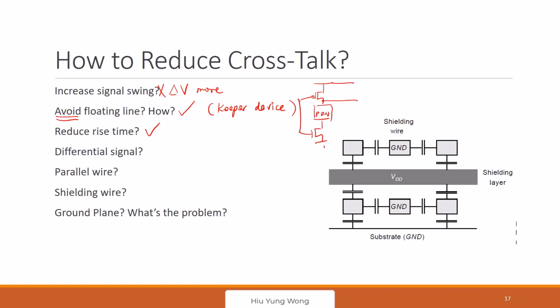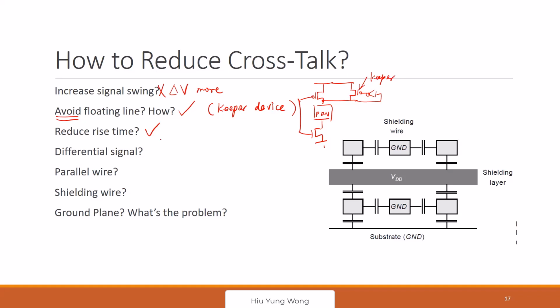What we did is to add something like this. Do you remember this one? If this is 0, this is 1, this is 0, yeah? This is the keeper, right? If you forgot, go back to read the previous slide, okay?